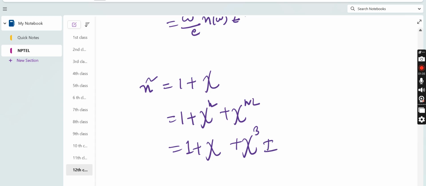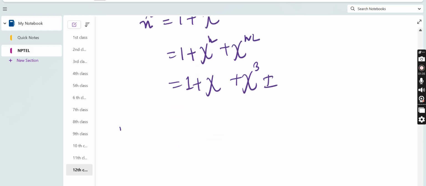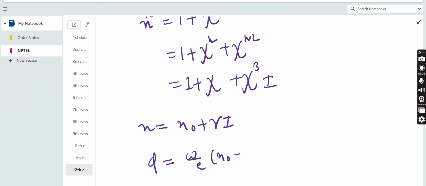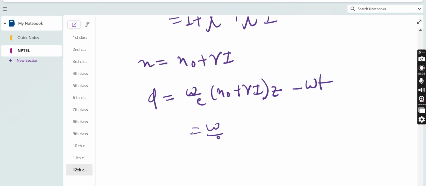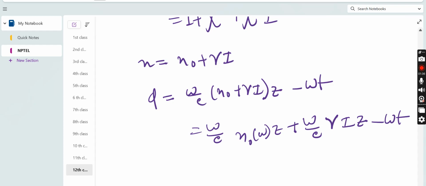So n is equal to n0 plus gamma I. So phi is omega by c, n0 plus gamma I, z minus omega t. So that is omega by c n0 z plus omega by c gamma I z minus omega t.